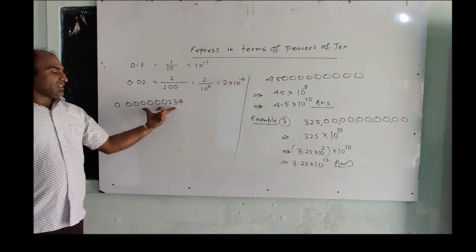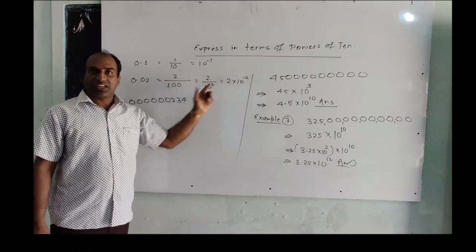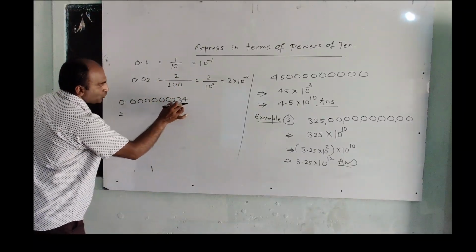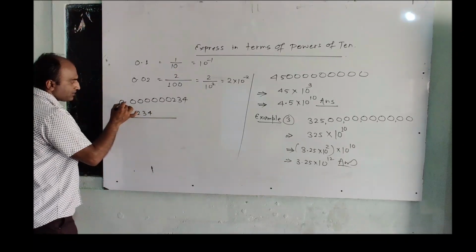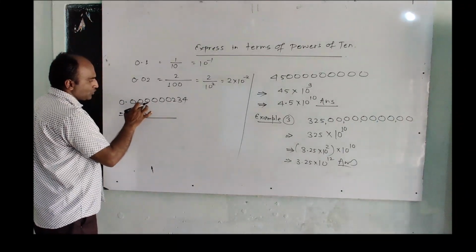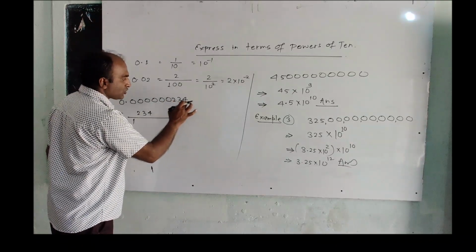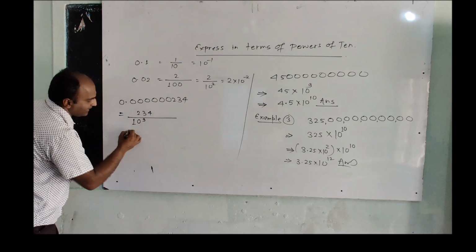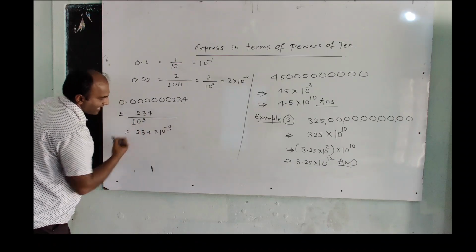Here, suppose we have to express this number in terms of powers of 10, like the previous way. First we write 234. This number is divided, and for the decimal we write 1 and count the total digits: 1, 2, 3, 4, 5, 6, 7, 8, 9. This also should be counted. The total is 9, so we write 10 power 9. So 234 into 10 power minus 9.